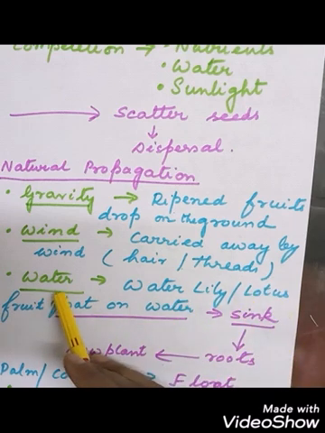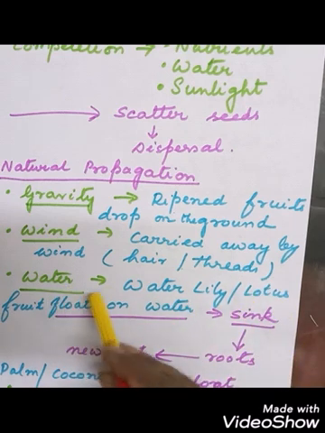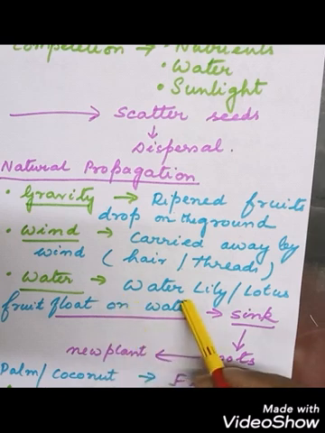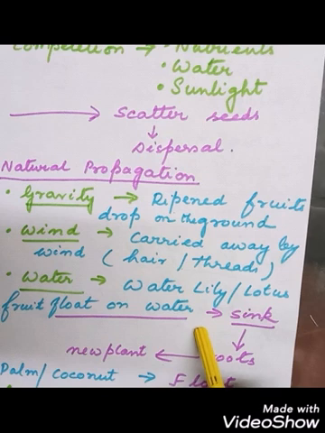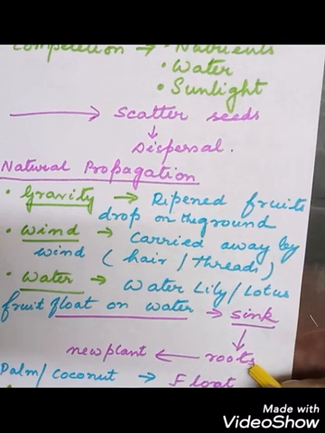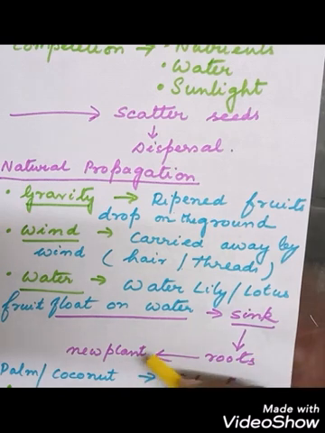And they also can be carried by water. If there are aquatic plants or water plants like water lily and lotus, then those fruits will float on the water, and after some time they will sink, so that their roots can develop. When the roots develop in the soil, they get a basic ground on the soil, and then they will develop into new plants.